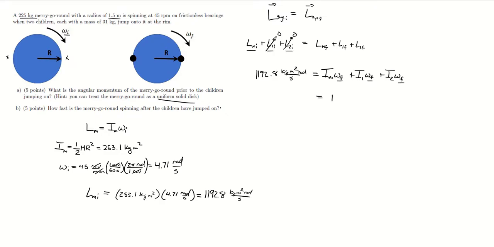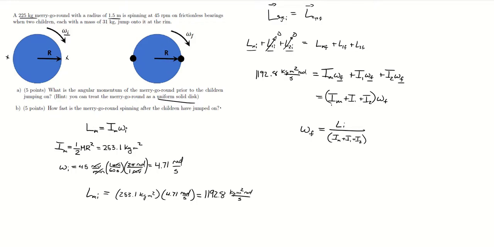So this ends up just being the total moment of inertia of child one, child two, and the merry-go-round times that final angular velocity. If we wanted to solve for that final angular velocity, it would be the initial angular momentum divided by the total final moment of inertia, and that would give us our answer.